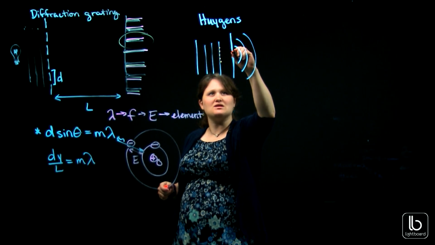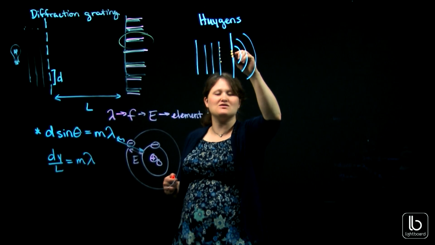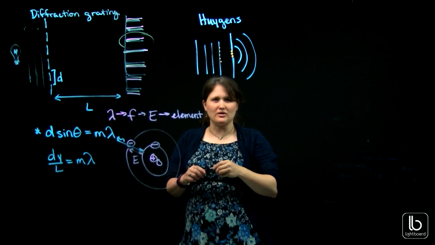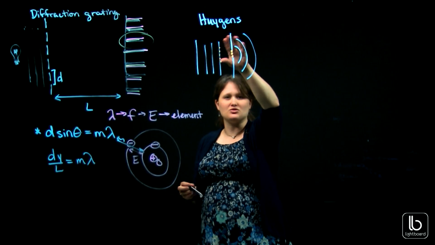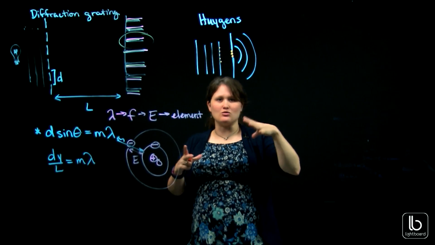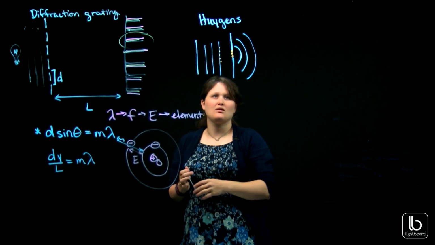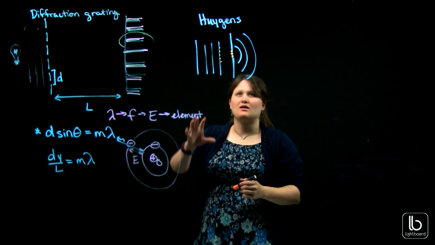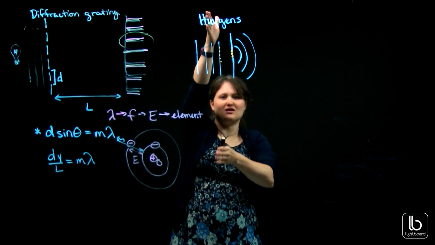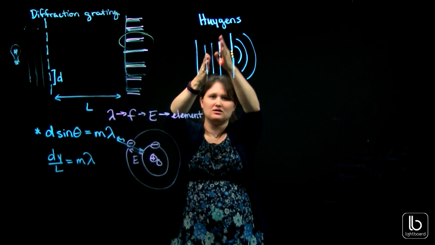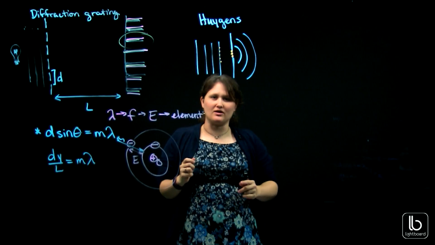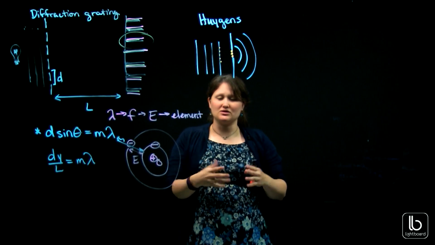But what that means then is that at this point here with my slit, I have a bunch of individual points, each of them producing their own spherical wave. And when I don't have an infinite number of those, I don't get a nice plane wave front as my result.